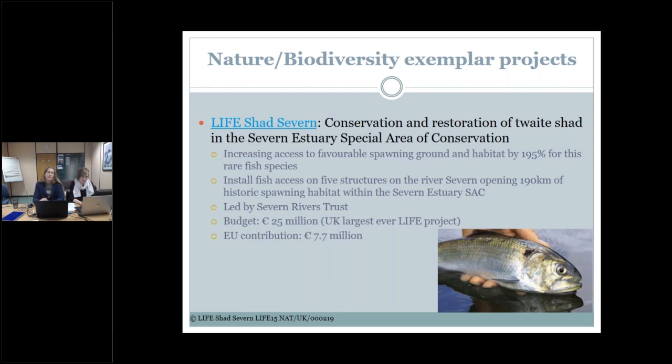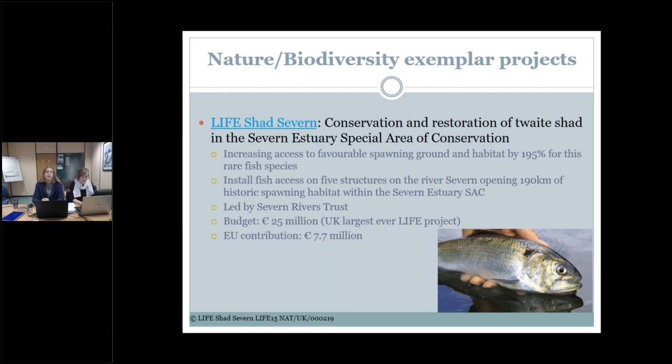The LIFE Chart 7 project is increasing access to favorable spawning ground and habitat by 195% for this rare fish species, which is the shad, a small migratory species, which used to be very abundant in the Severn.